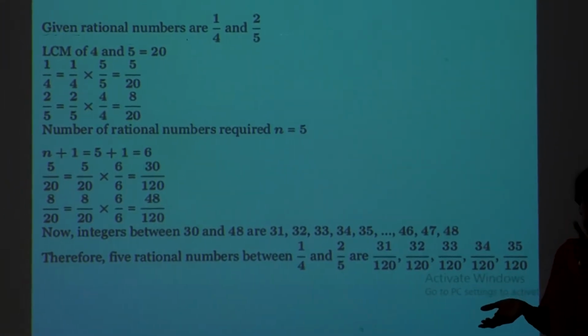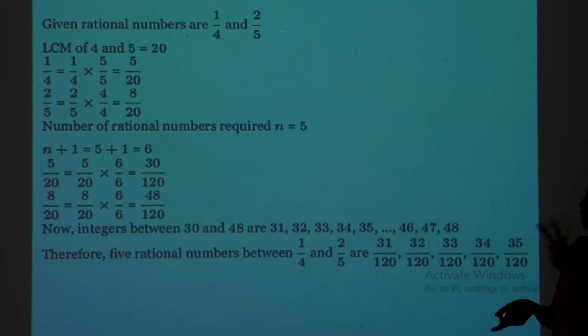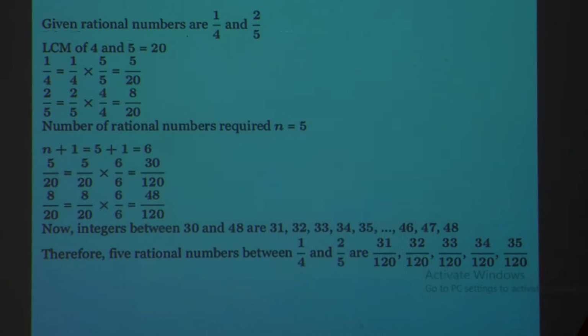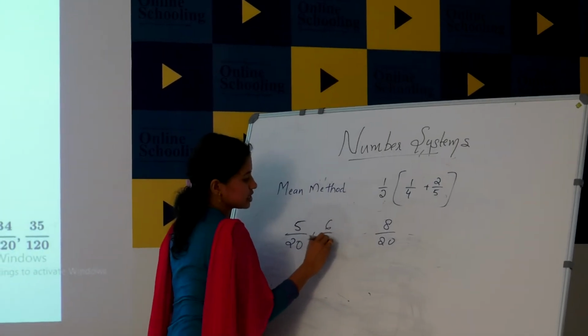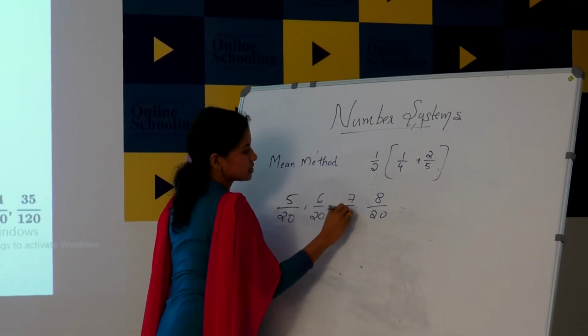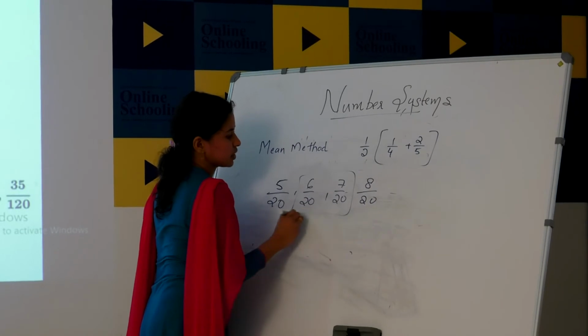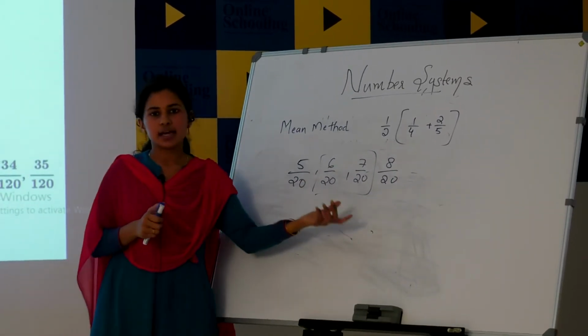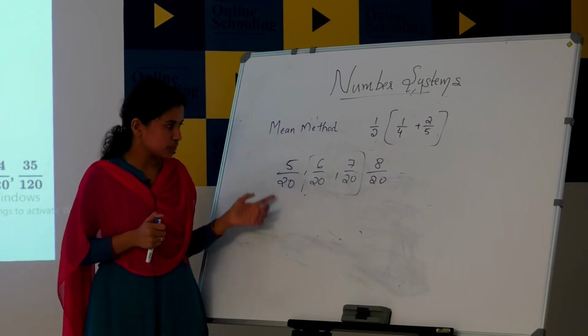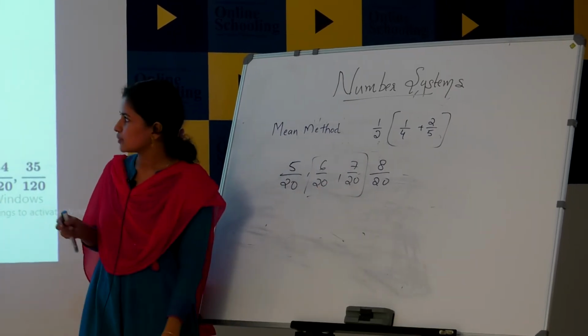These are two rational numbers between 5 by 20 and 8 by 20.